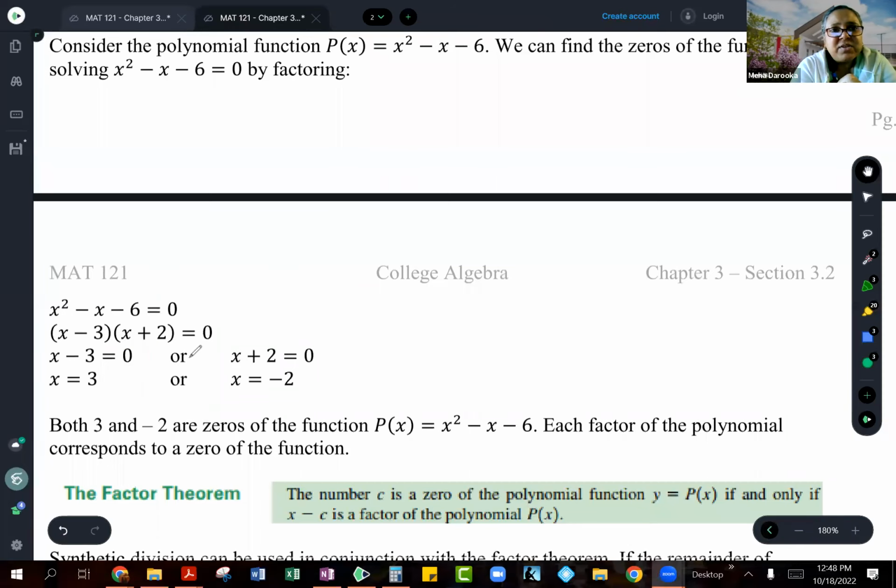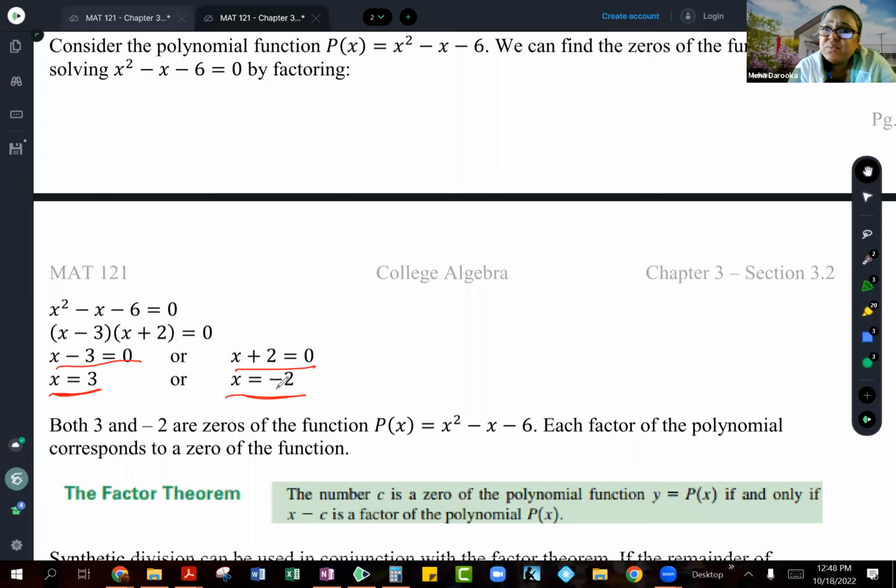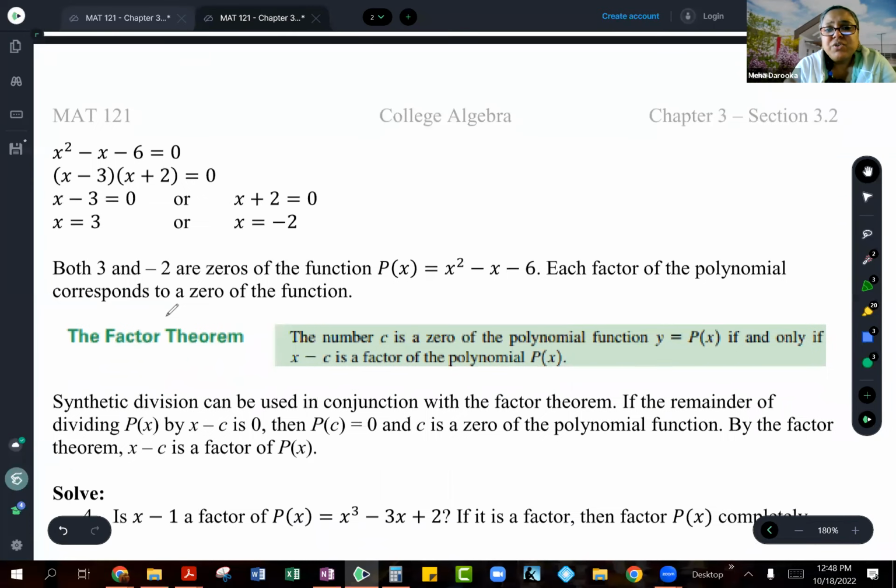Then when you take each of these factors and set it equal to 0, you get x equals 3 and x equals -2. Remember, these are our roots, our zeros for this polynomial, also known as solutions or the x-intercepts. So the factor theorem basically says that if you have a number c, which is a 0 of your polynomial, this is only possible if and only if x minus c is also a factor of your polynomial.